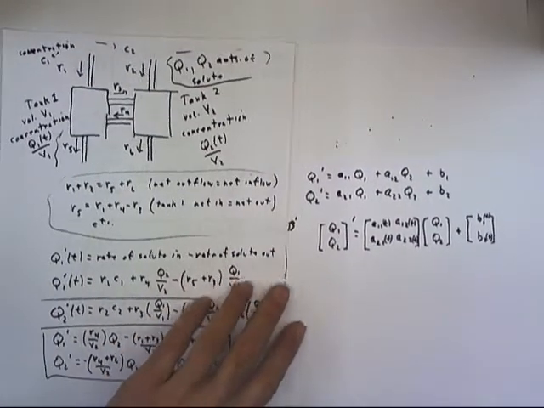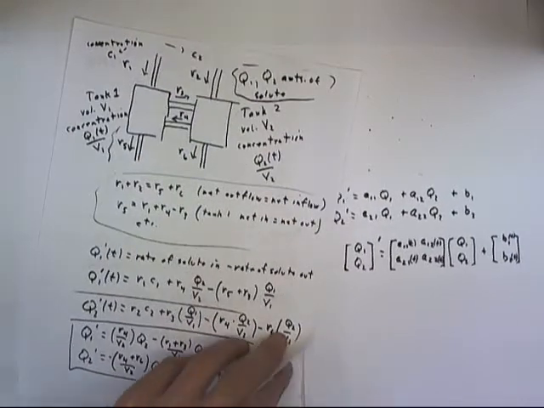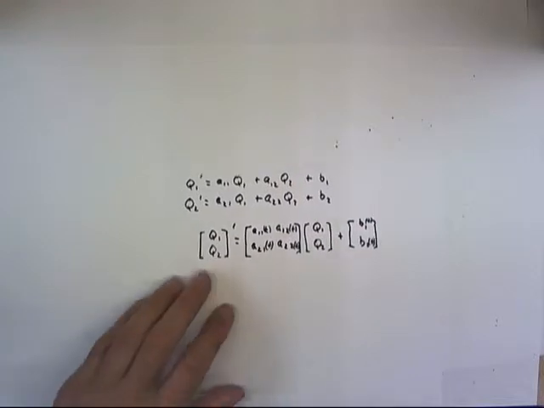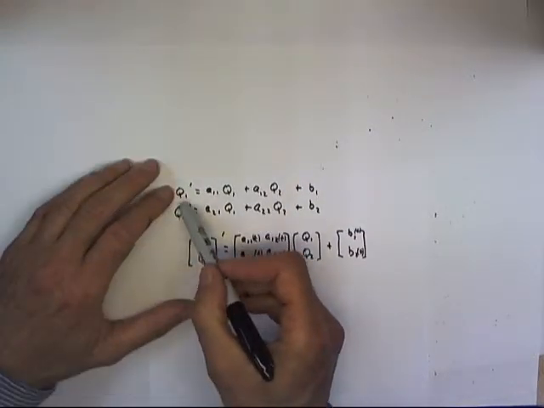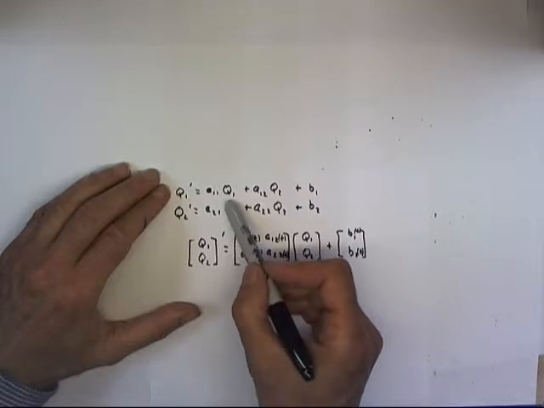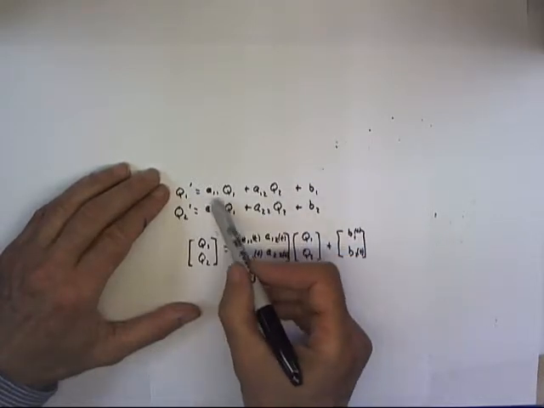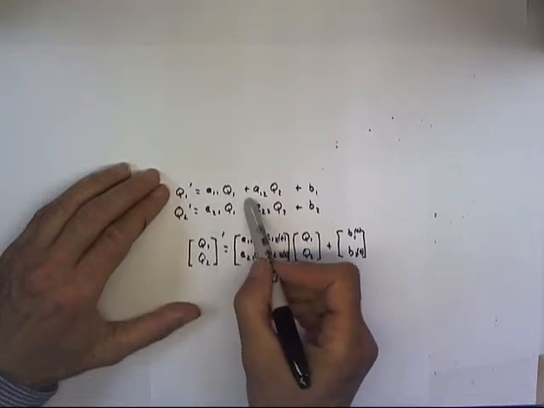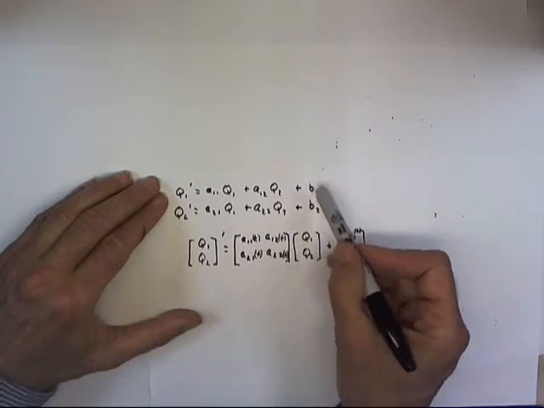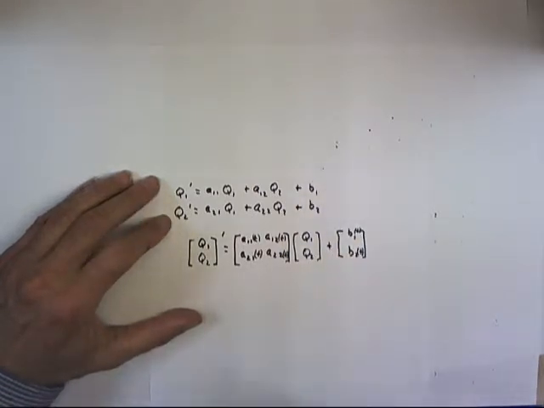In general, then, we could consider equations of the form Q1 prime equals, let's use A11 for the coefficient of Q1 and A12 for the coefficient of Q2, understanding that A11 and A12 might be constant, they might be functions of t, and then plus B1, which also might be a constant or might be a non-constant function of time.